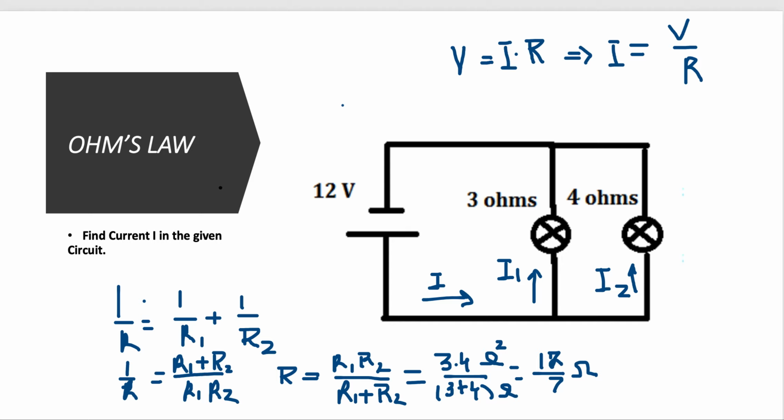And now we want to find the total current. So the total current I is going to be equal to the voltage, 12 volts, divided by 12 over 7 ohm. Here with the 12 we can simplify.